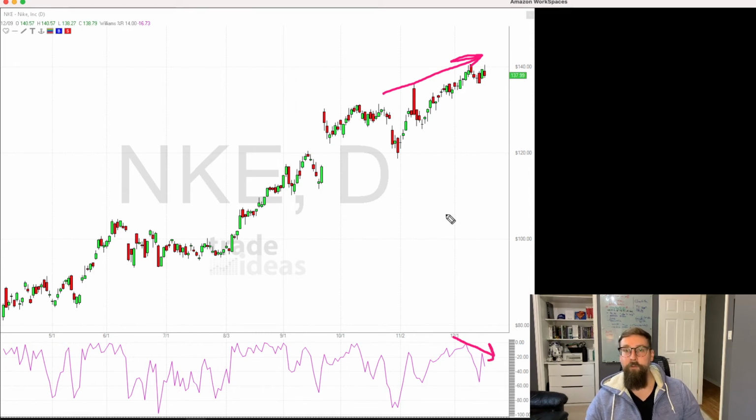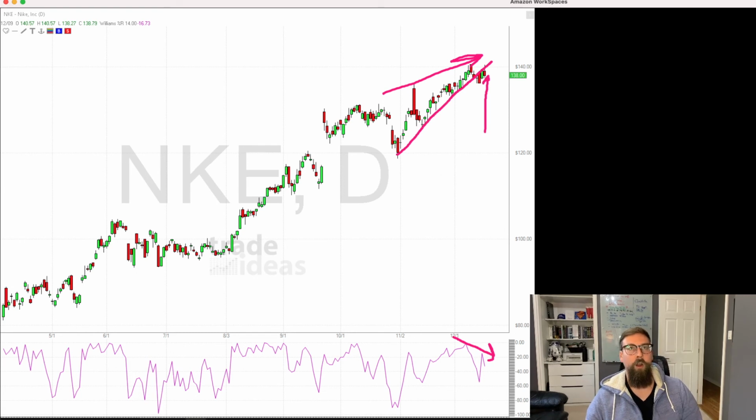Now, again, none of this is investment advice, educational purposes only. But the reason I was thinking about this is if you look at it, it looks like we've also broken this trend line, and we have this reversal type of a look right here in the candlestick as well. So that's one way to go about doing it.